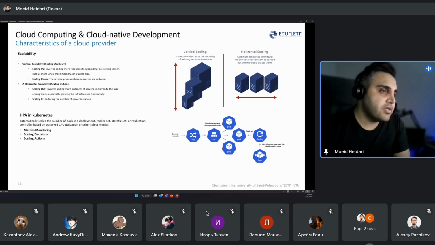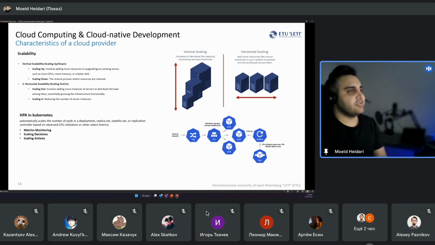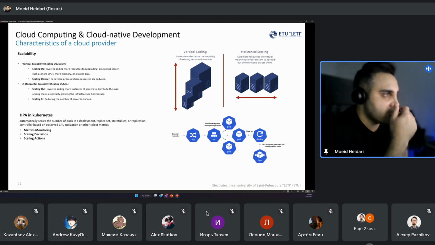There is a topic that I wanted to mention because it's scalability at the software level, which is a very interesting topic. In Kubernetes, it's HPA, the Horizontal Pod Autoscaler. It automatically scales the number of pods in deployments, replica sets, stateful sets, or replication controllers based on CPU utilization or other selected metrics.